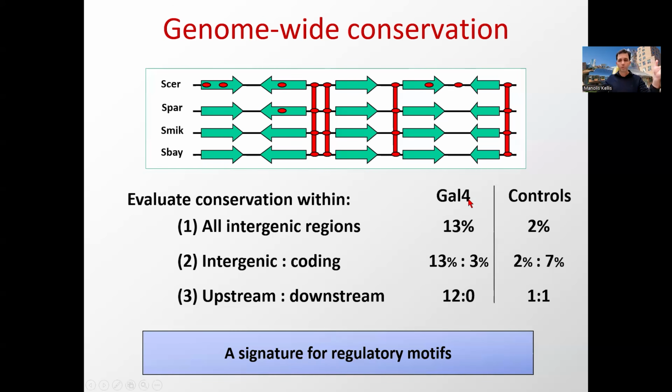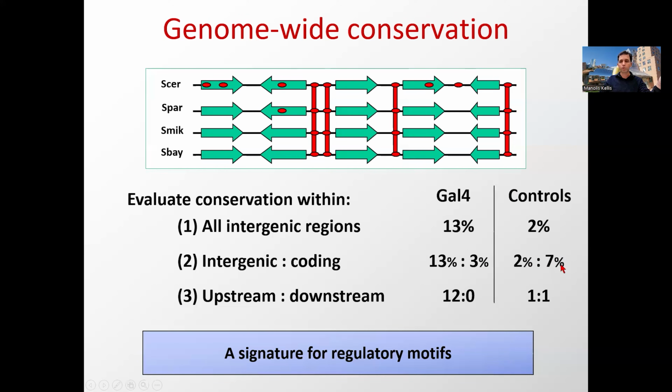But in this particular case, we basically said, okay, let's ask how often is our motif conserved in intergenic regions compared to controls. And what we found is that Gal4 was conserved more frequently in intergenic regions. We also asked how frequently is it conserved in intergenic versus coding regions. And what we found is that the Gal4 motif was actually less conserved in protein coding regions than control motifs.